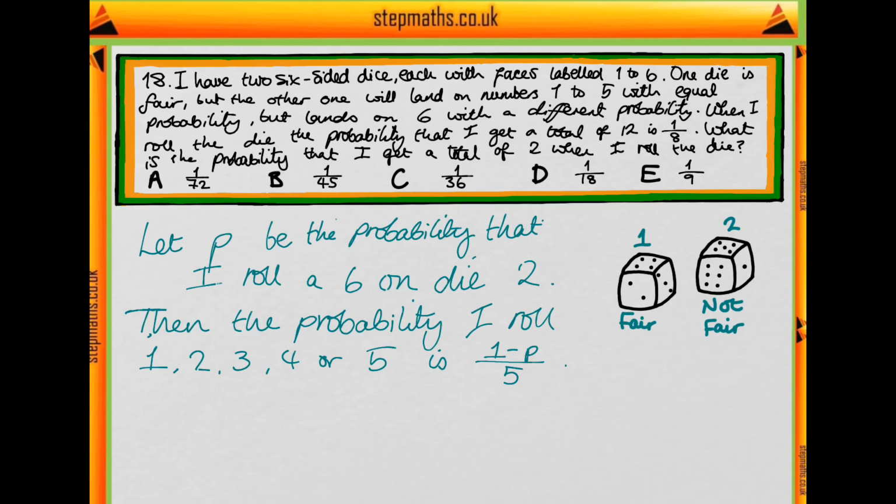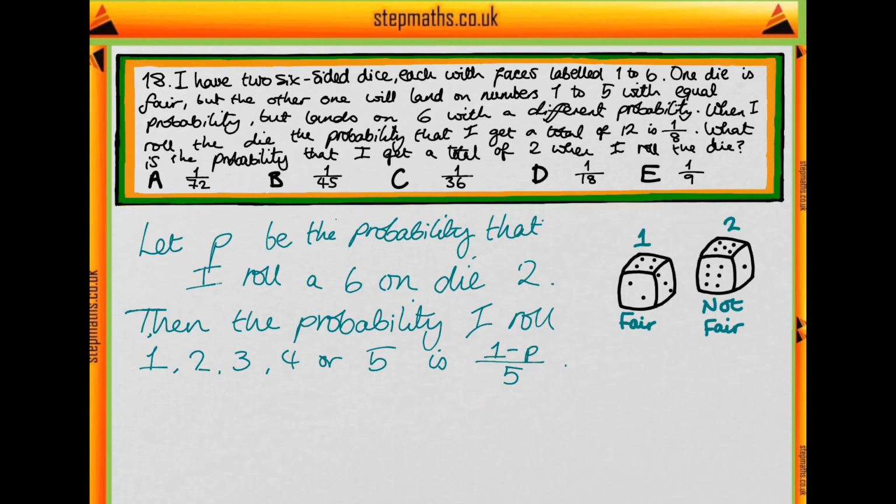If you can't see why this is, you could remember that the total probability of all the events is 1, so we need to come to 1 eventually. So if P is the probability that we roll a 6 on die 2, then we have 1 minus P left to get to our 1 in total. And we have 5 options, 1, 2, 3, 4 or 5, which are all equally likely. So that is why we divide by 5.